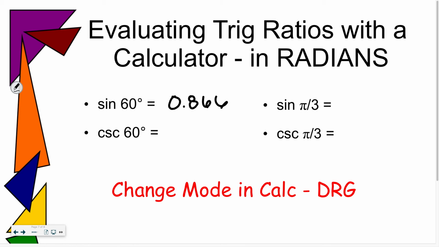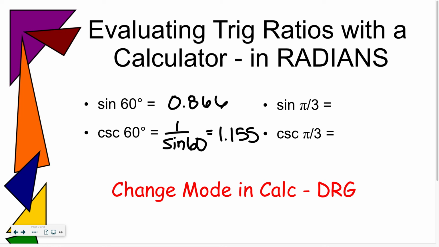How will you type in cosecant of 60? 1 divided by the sine of 60. Okay, everybody do that. Give me 3 numbers after the decimal. 1.154? 1.155? Yeah.